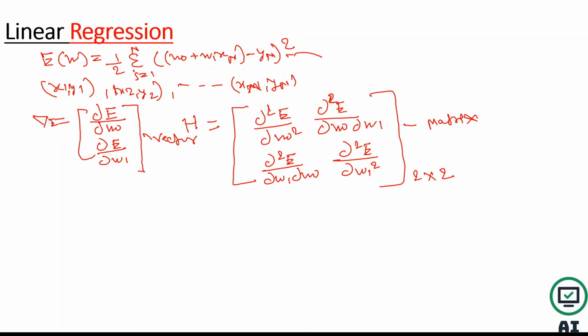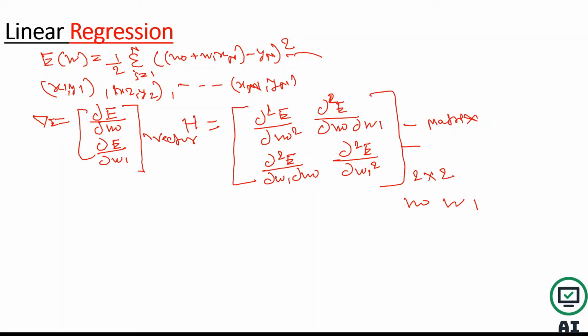Then what I am going to say is that the error function is going to be a convex function if the Hessian is positive definite for every possible value of W0 and W1.